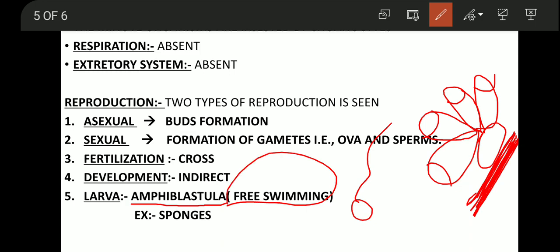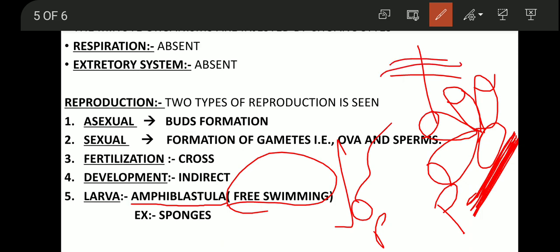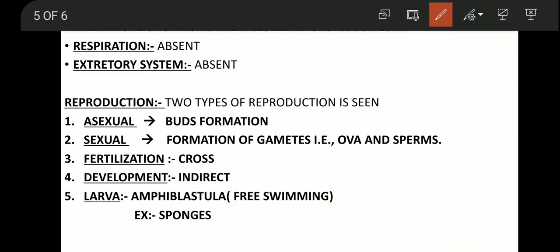The larva is motile, but the parents are non-motile. This is the difference between a parent and its progeny in porifera. The best example is sponge.